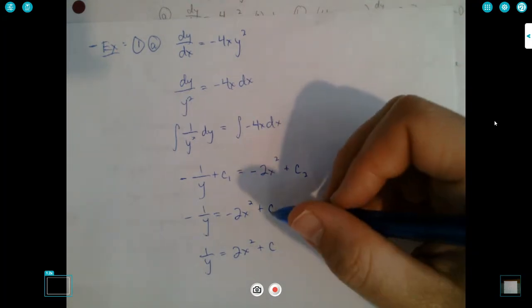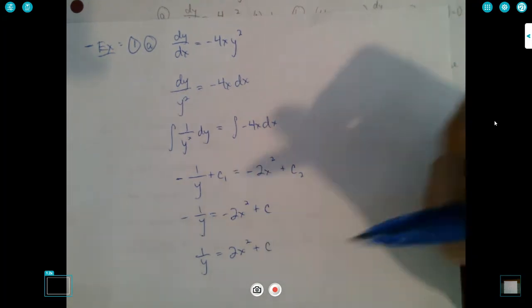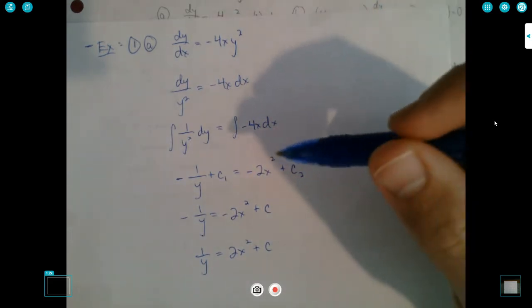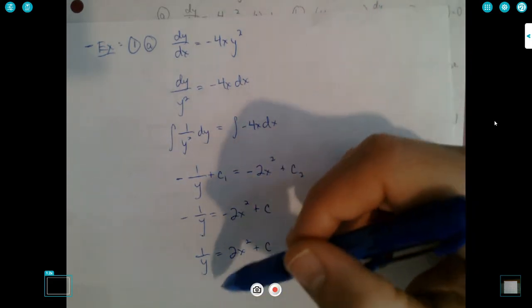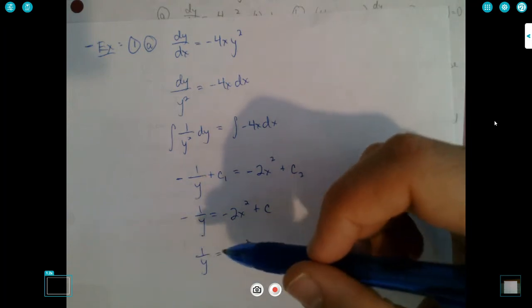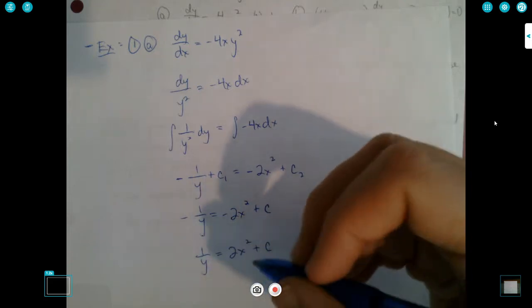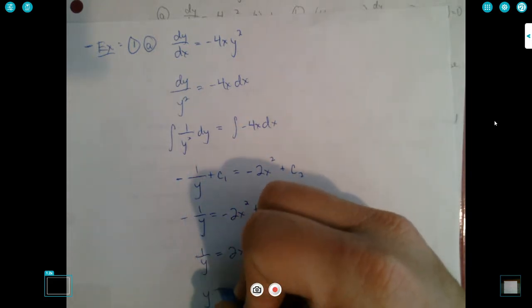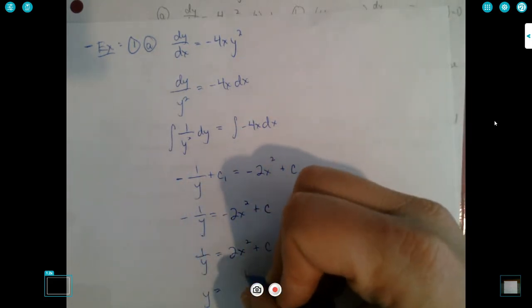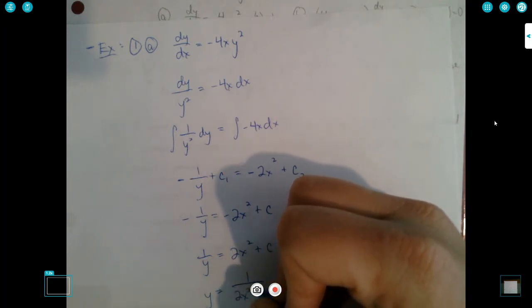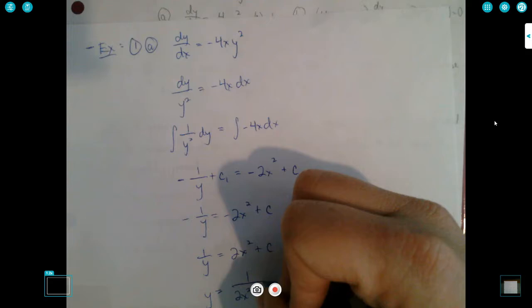It's not the same constant as the previous step, right? It's different by a sign, but whatever. I mean, it's just a constant value. And then finally, I can call this y equals 1 over 2x squared plus c, something like that.